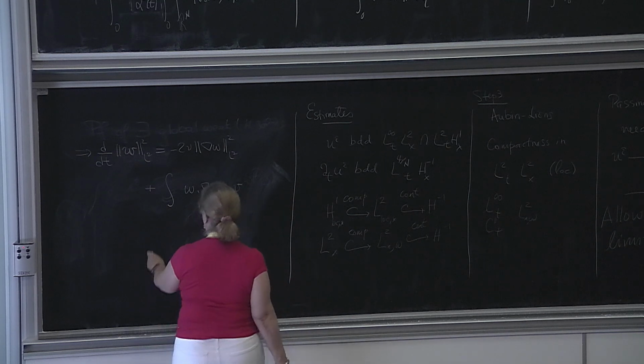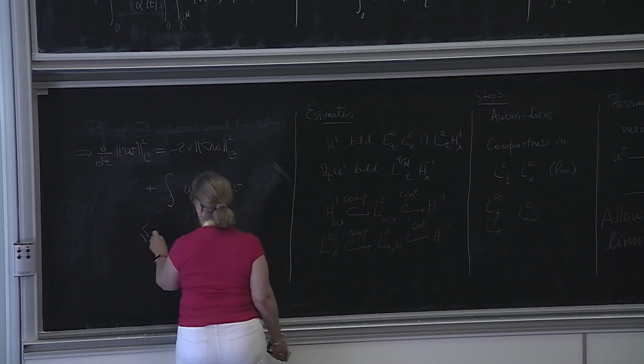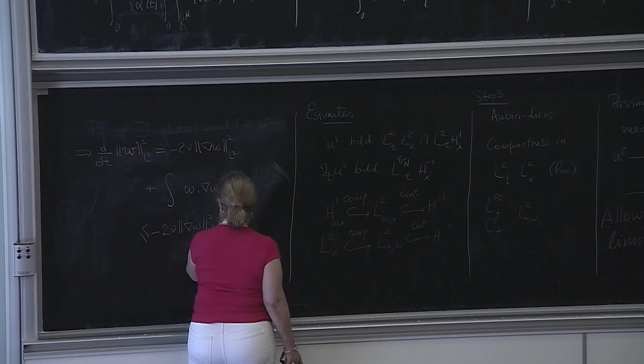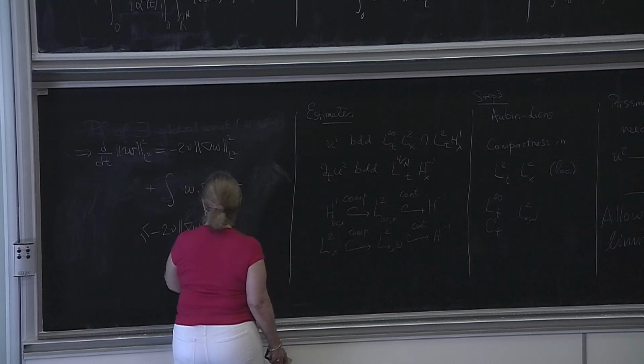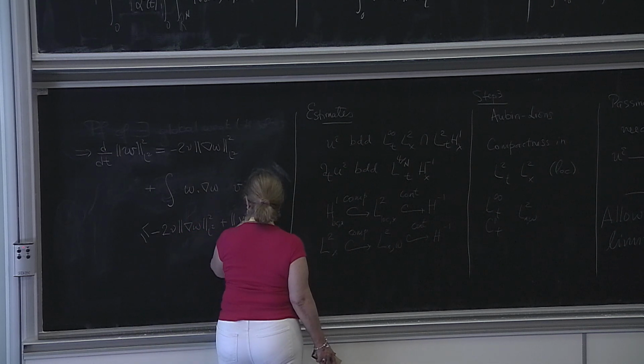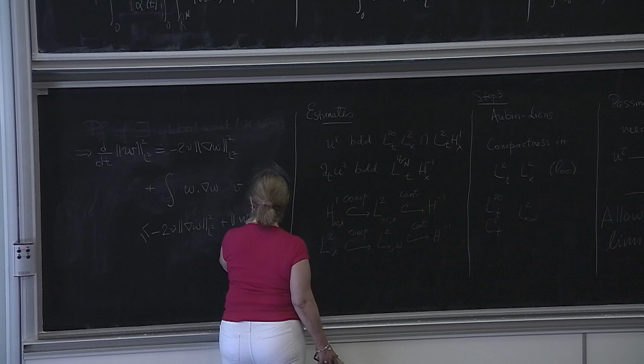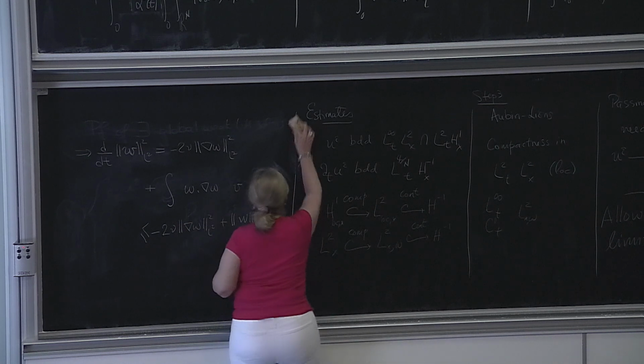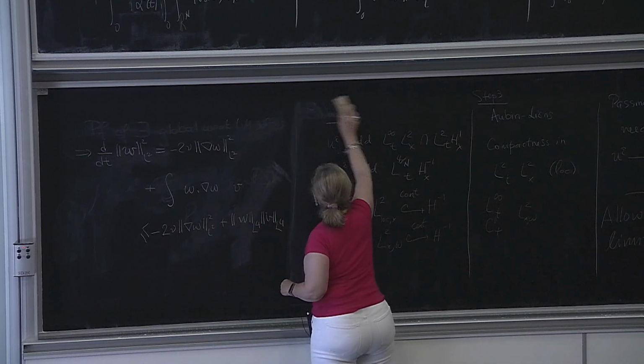Okay, and so this now is less than or equal to minus 2 nu gradient W L2 squared plus W times V. So this gives me W L4, V L4, and gradient of W L2.